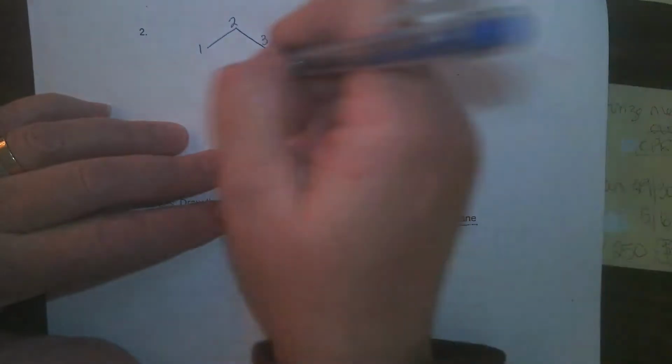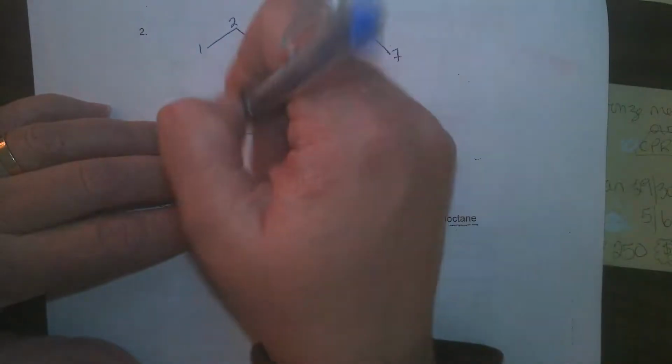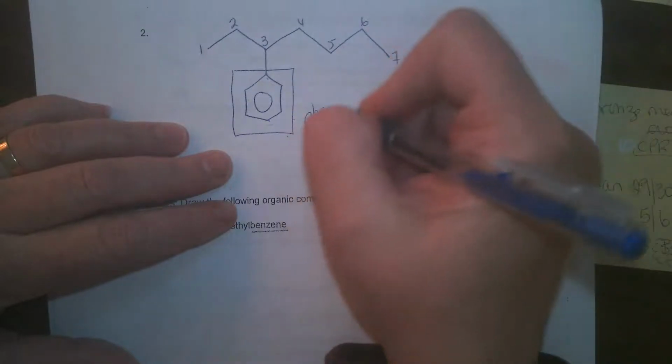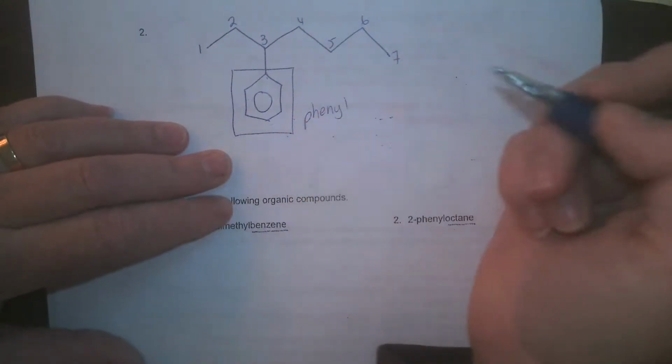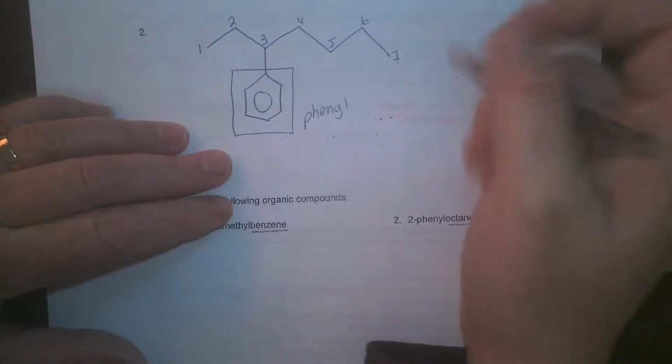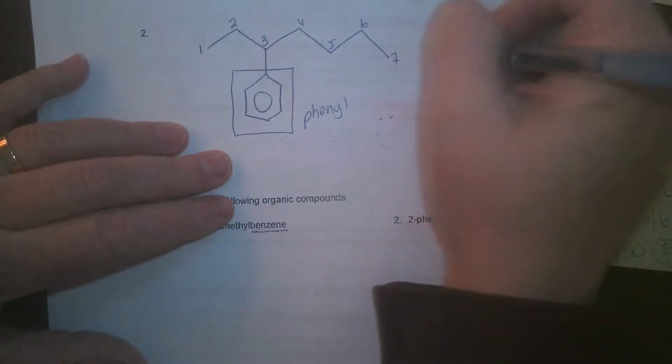It's actually 1, 2, 3, 4, 5, 6, 7 carbons long. So then the benzene ring actually becomes the side chain, and it gets called phenyl. Okay? So there's 7 carbons long.